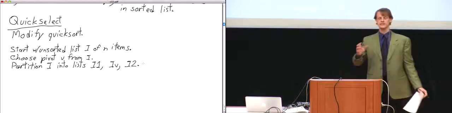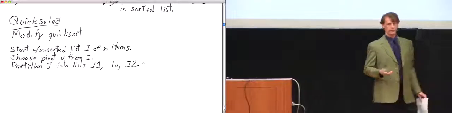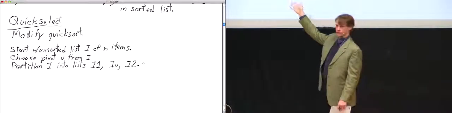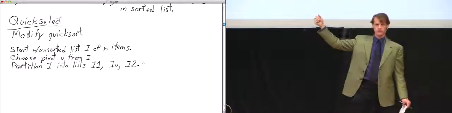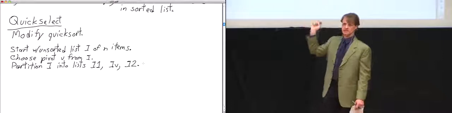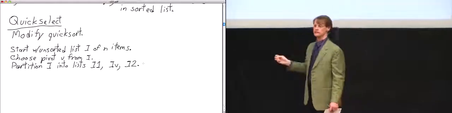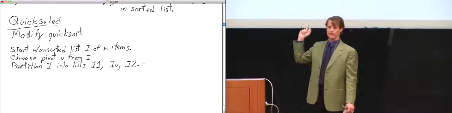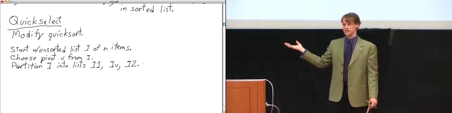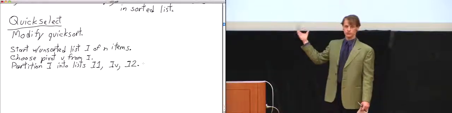Remember that we're doing this exactly the same way we did during the lecture on quicksort. So all of the keys that are less than the pivot go into list I1. All the keys greater than the pivot go into list I2. The pivot itself goes into this list IV. Keys that are equal to the pivot can go into any one of these 3 lists. Again, we're going to use the same methods we used in the quicksort lecture. So we'll do one thing for linked lists. We'll do a different thing for arrays.